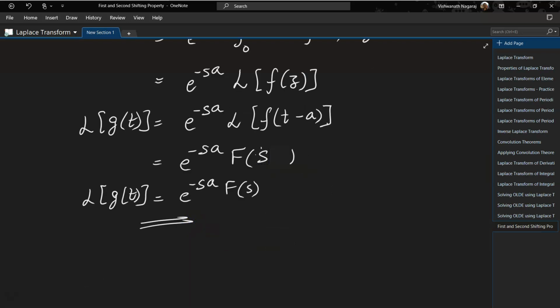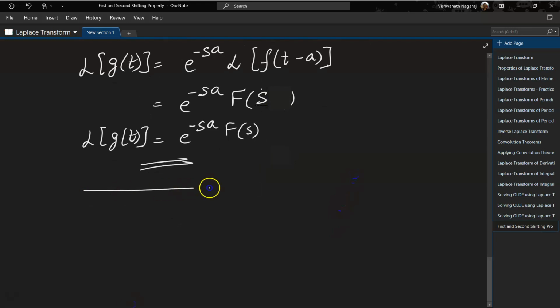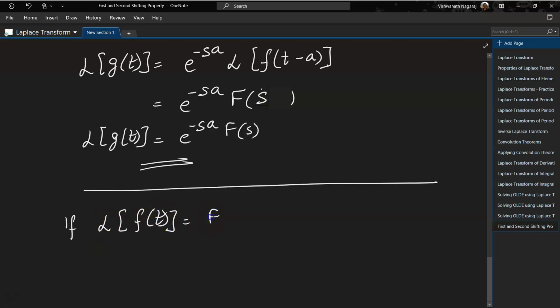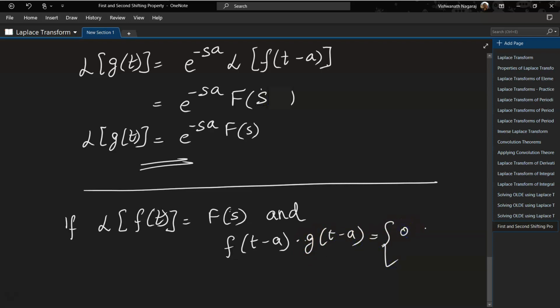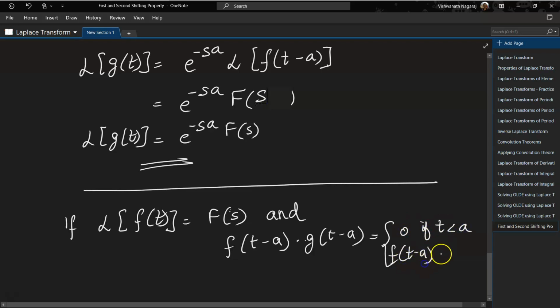Now, another way that this can be looked at, this is one way. Another way in which we could have started off is if Laplace of f of t is equal to capital F of s, and f of t minus a times g of t minus a is equal to 0 if t is less than a, and f of t minus a if t is greater than a.